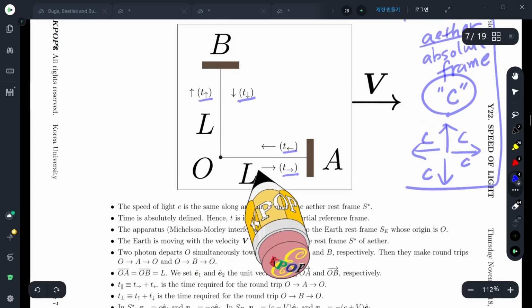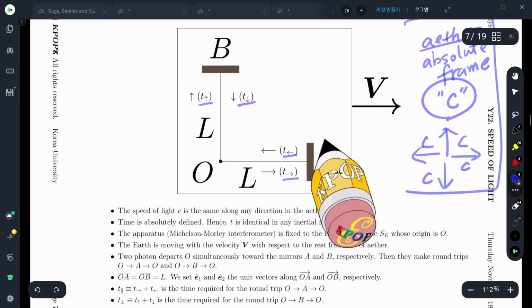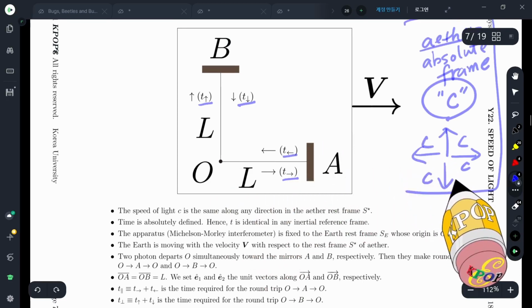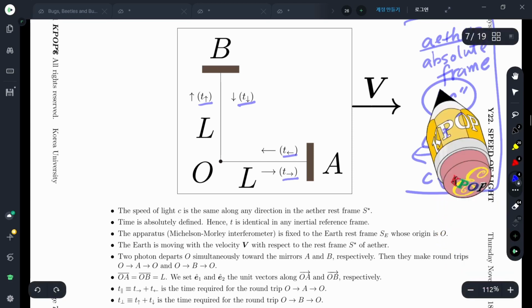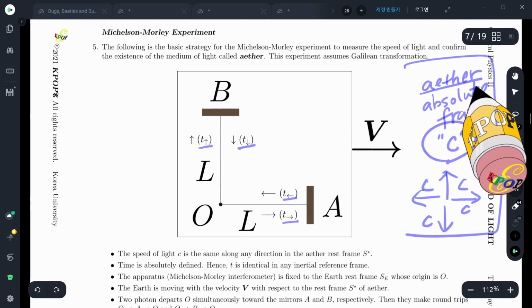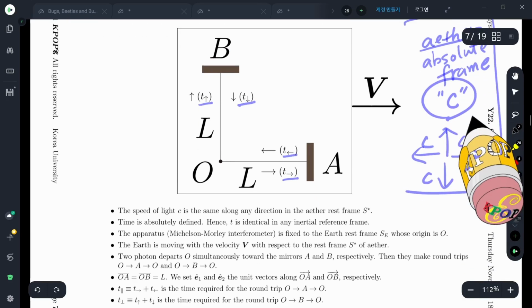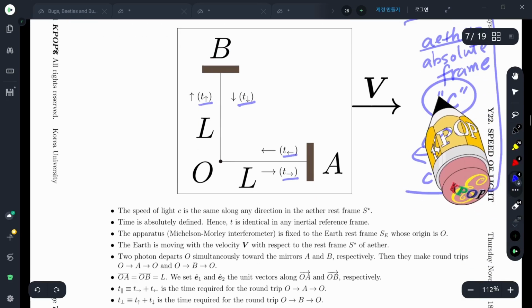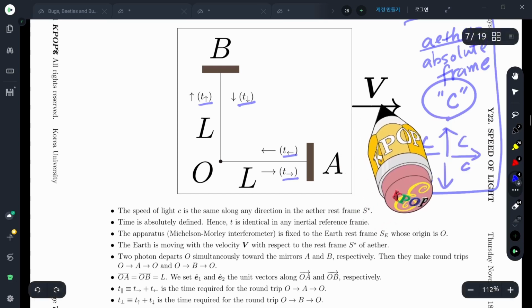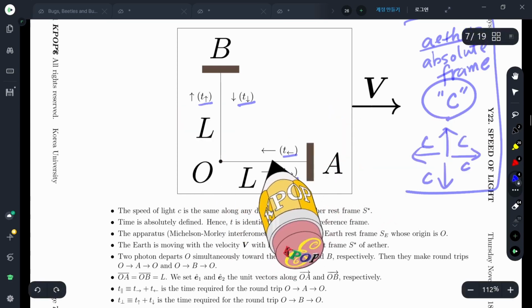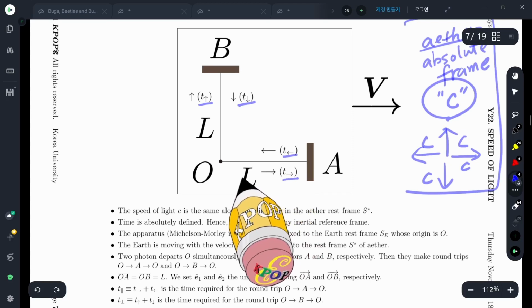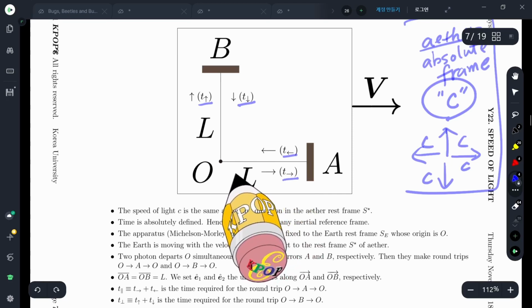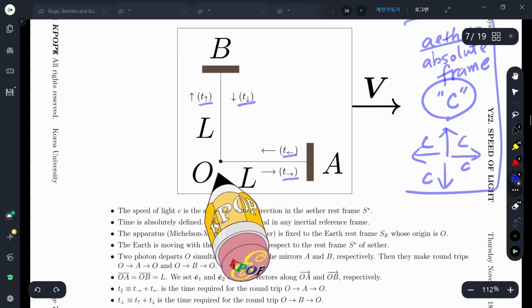Okay, because we have assumed that the speed of light is constant in any direction in the frame where ether is at rest, it is convenient to make a Galilean transformation from the Earth rest frame to the ether rest frame.